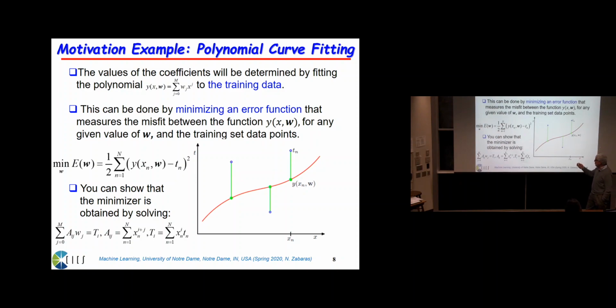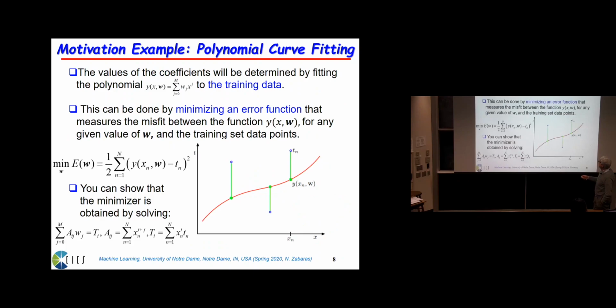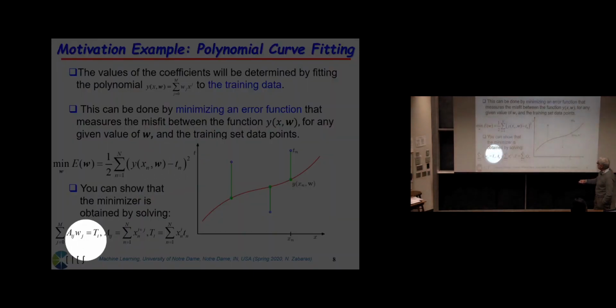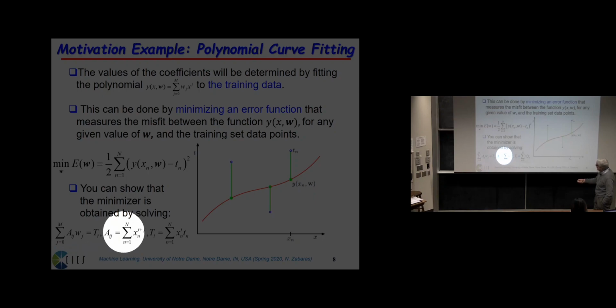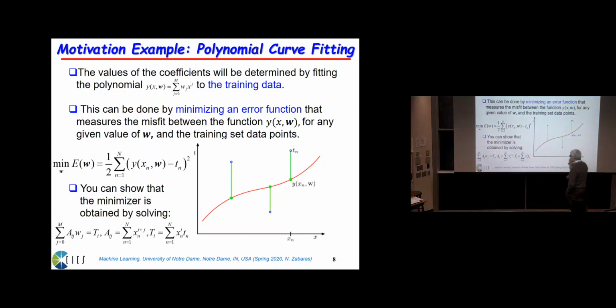Now, if I can go back, if you put this nice expression on this square loss function, you're actually getting a very nice algebraic problem for w. So you should actually do the algebra. But you get a very nice problem where this matrix A has these components for each data point that is x to the i plus j.